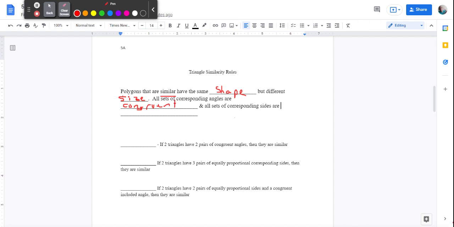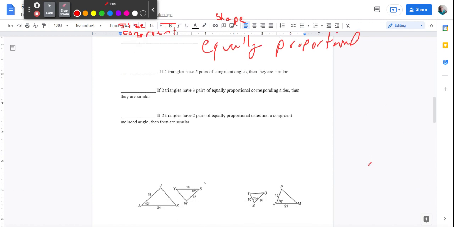But all sets of corresponding sides are going to be equally proportional. So if we're looking at two triangles, this is what they would look like if they were similar.